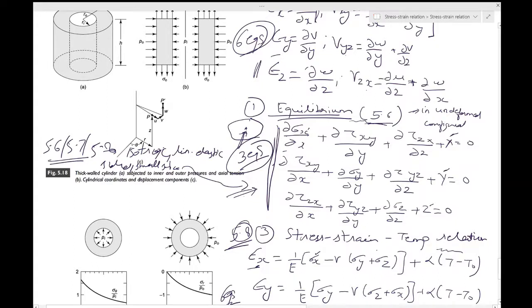Like in some cases, the reaction force was fixed, or the shear force at the boundary was fixed. In some cases it was zero. Okay, so that is what is called a boundary condition to fix the solution, so that it's independent of these constants which you will have.